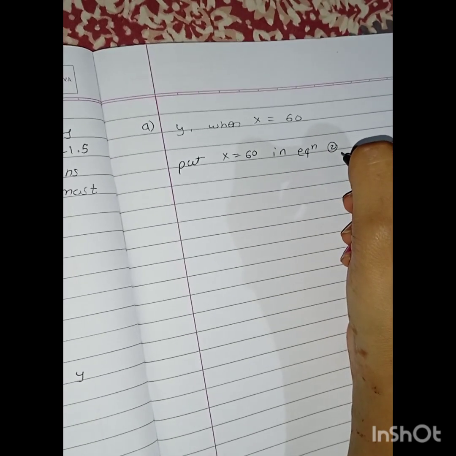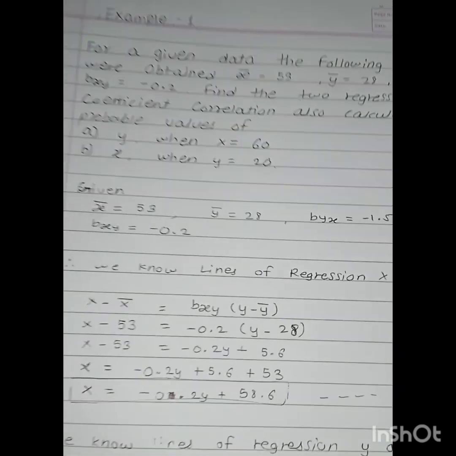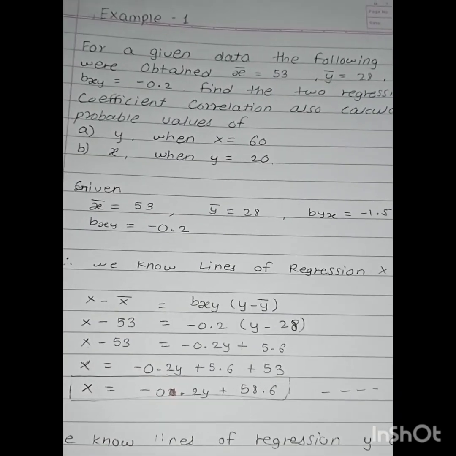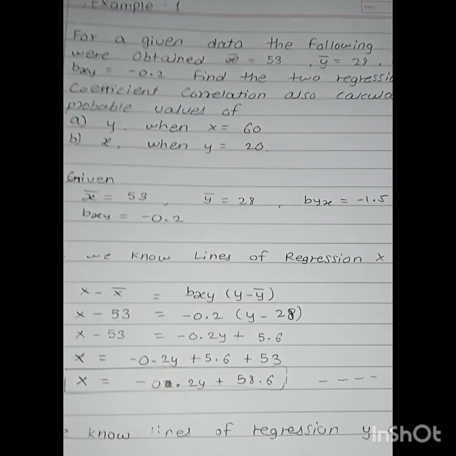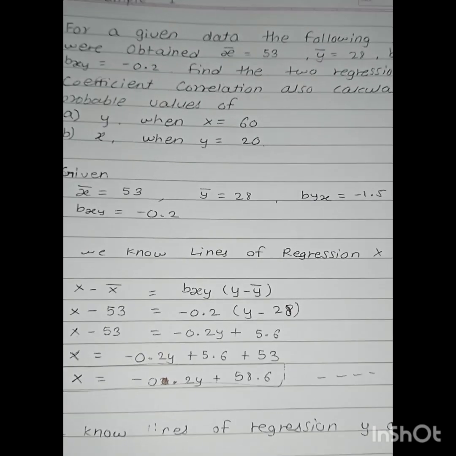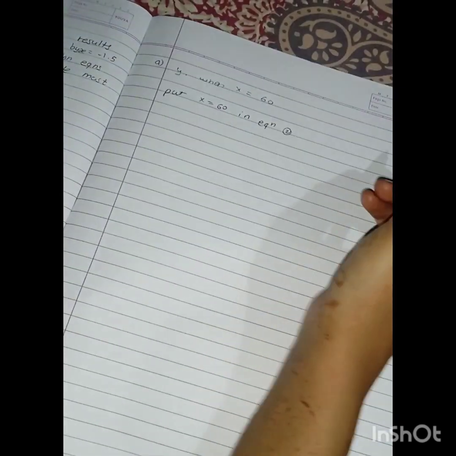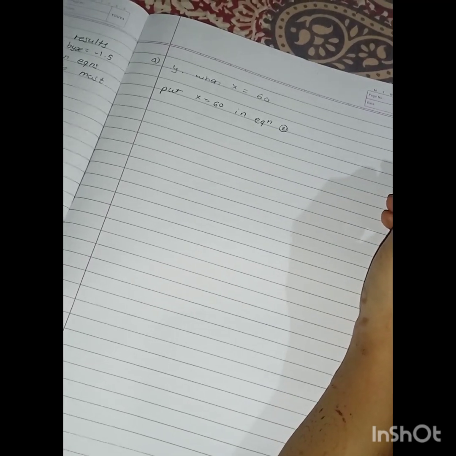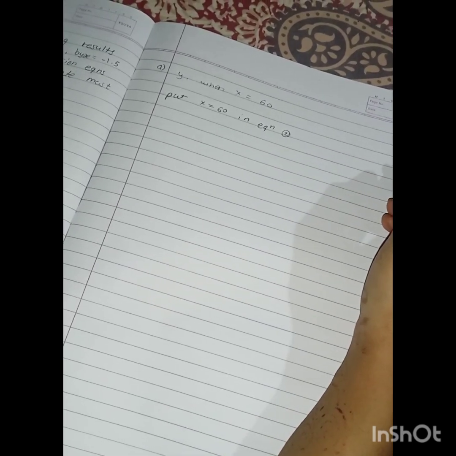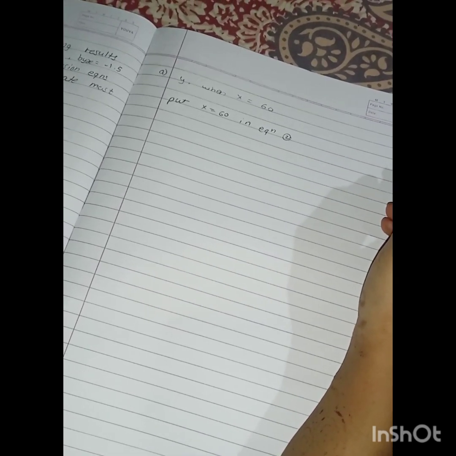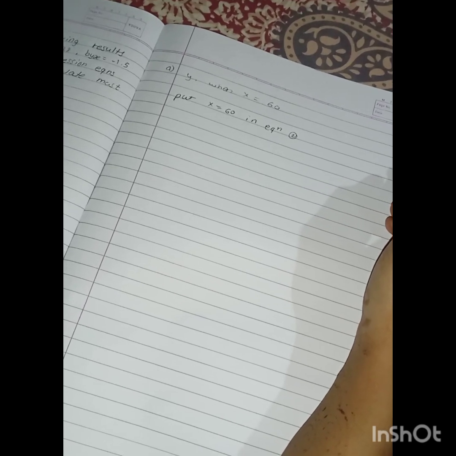Equation 2 is y equals minus 1.5x plus 107.5.